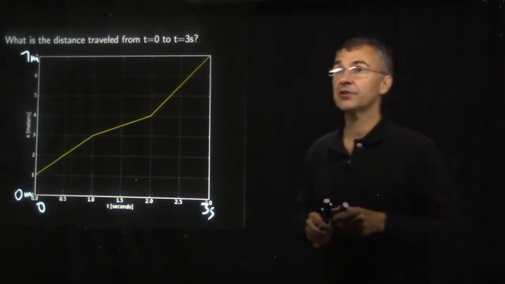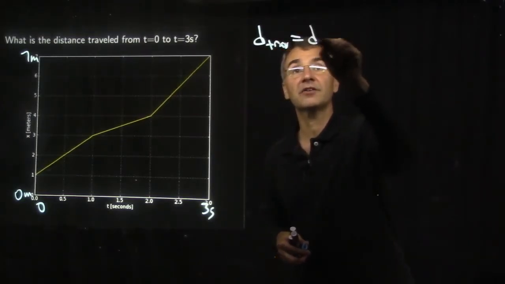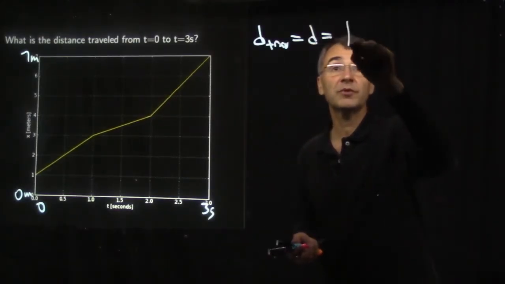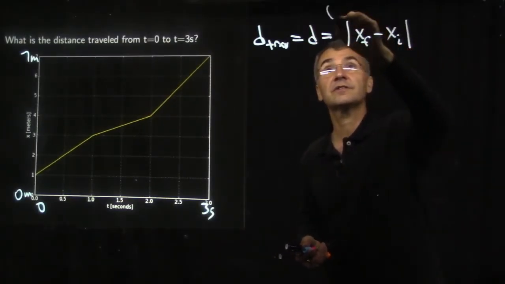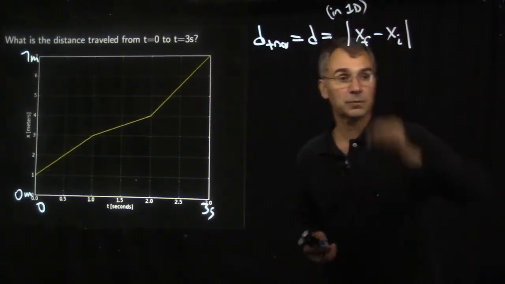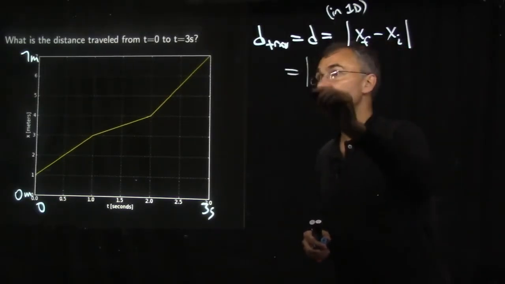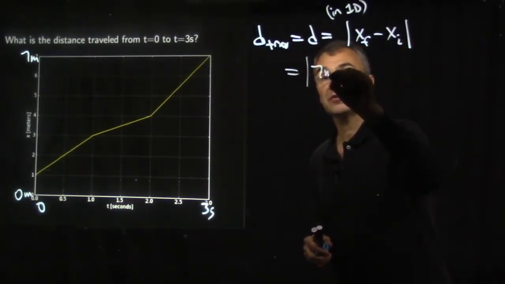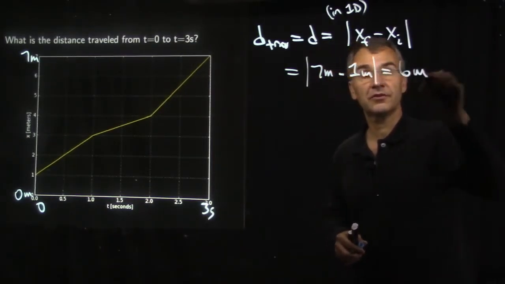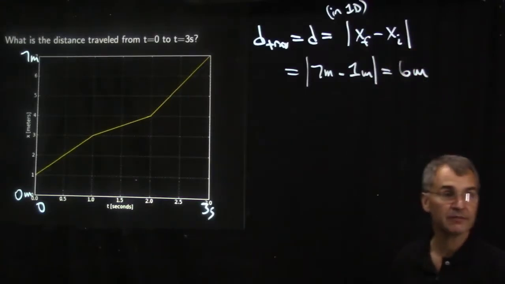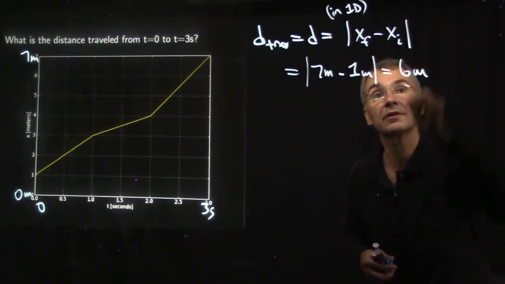The distance traveled in this case is the same thing as the distance, which in one dimension is just the absolute value of x final minus x initial, which is the absolute value of 7 meters minus 1 meter, which is 6 meters. So our distance traveled in this case is 6 meters.